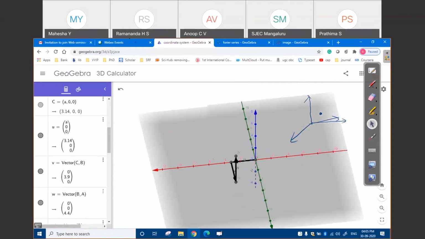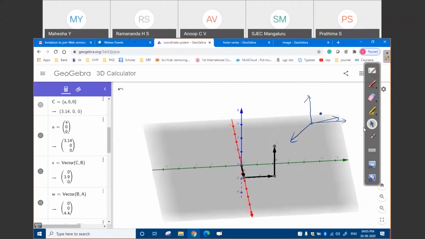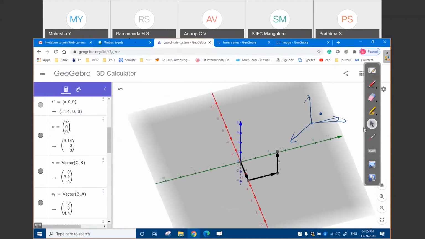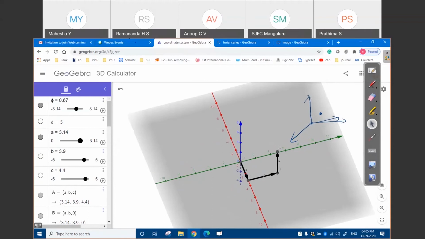So I need 3 here. One is to reach from here to here, the x coordinate, another one is the y coordinate, another one is the z coordinate. Now I can show this is a fixed point. Even I can change the value of A, B, and C so that the point can be changed like this.